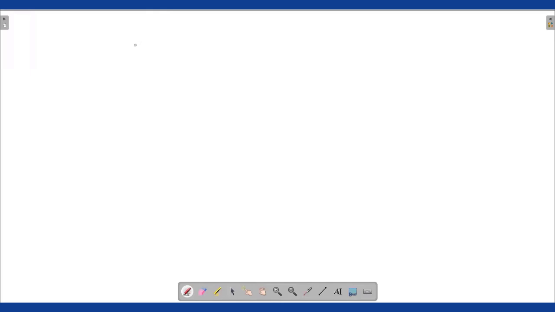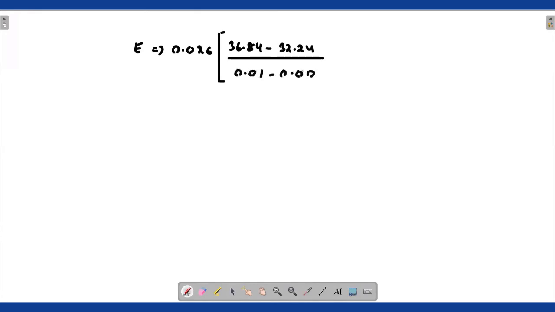Therefore, E is equal to 0.26. That is 6.84 minus 32.24, because the values already you are getting divided by. I am converting, my dear students, in the form of centimeter, 0.01 minus 0.001 centimeter. Sorry, this.